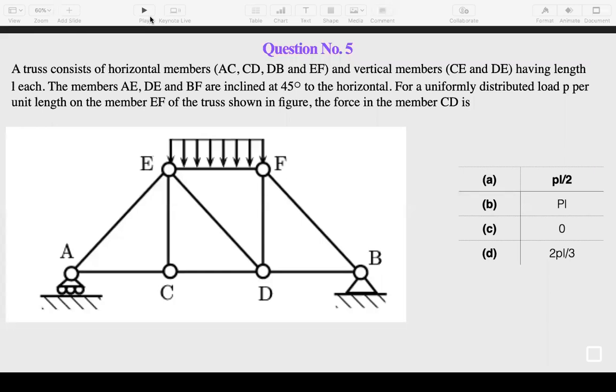At a roller support, there is only one reaction present, and at a hinged support, there are two reactions. You can write it down somewhere. The roller support generates only one vertical reaction, and the hinged support produces two reactions: one horizontal and one vertical. And a fixed support produces three reactions: horizontal, vertical, and moment.